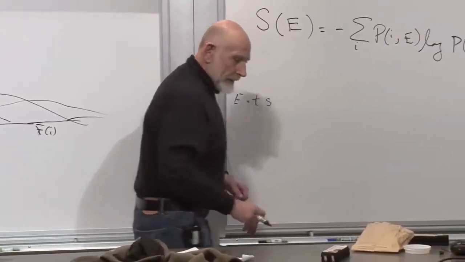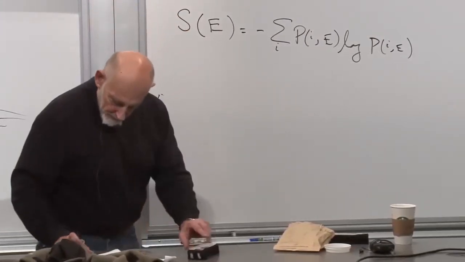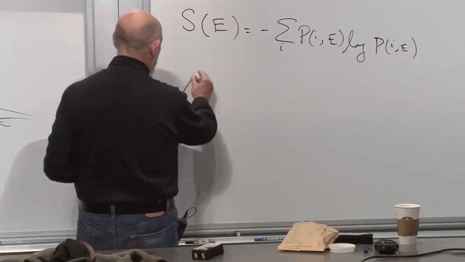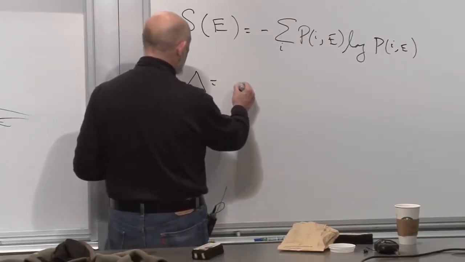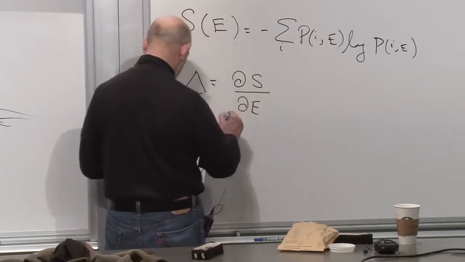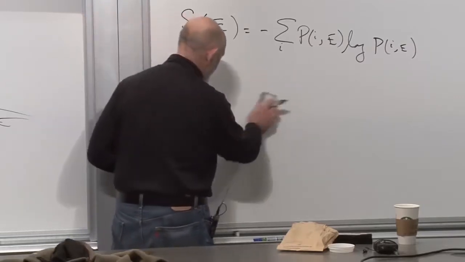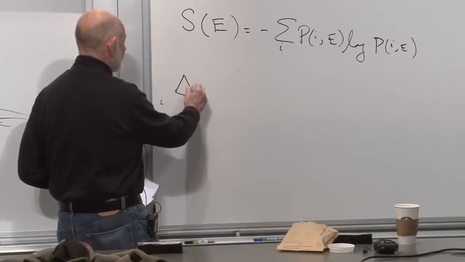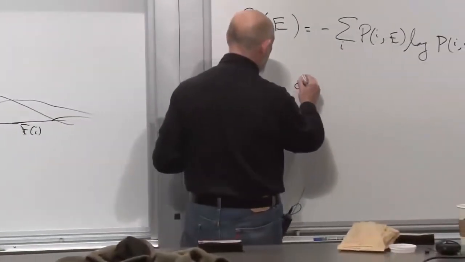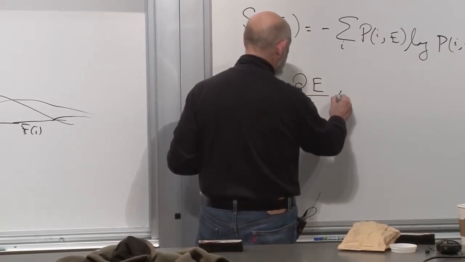The answer is that the change in the energy when I go from one probability distribution to the next will be equal to the derivative of the energy with respect to the entropy times the change in the entropy.